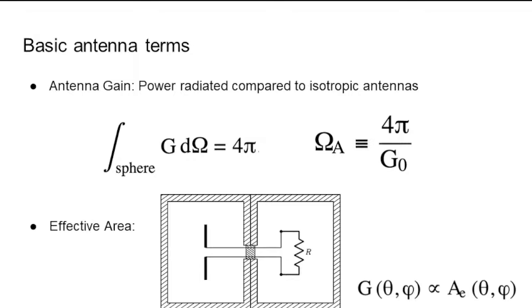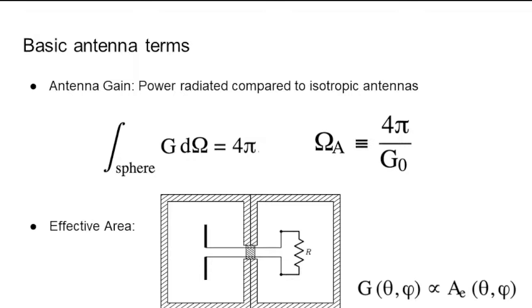Because a resistor also has a power, and that power is given by something called Johnson noise, right? You can connect the terminals of your resistor to an oscilloscope and measure how much is the noise power.